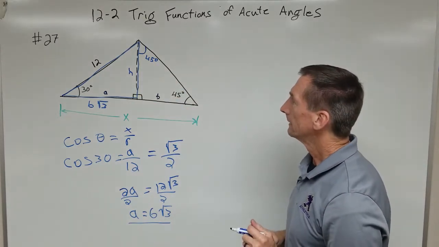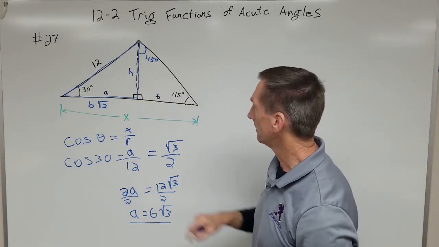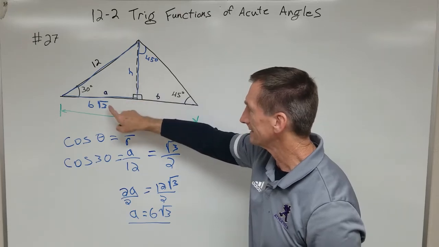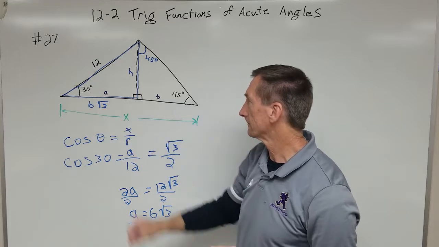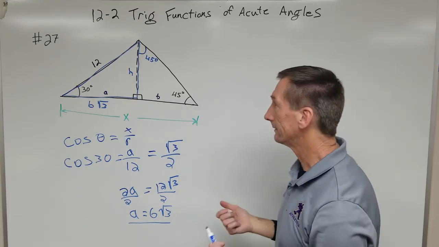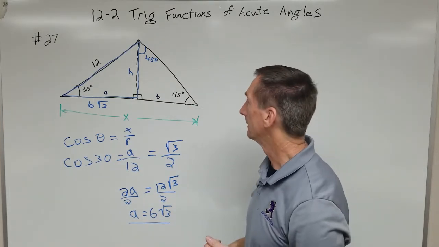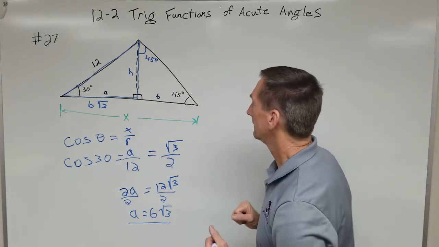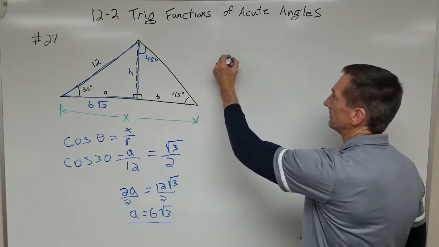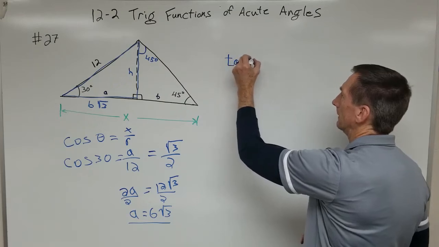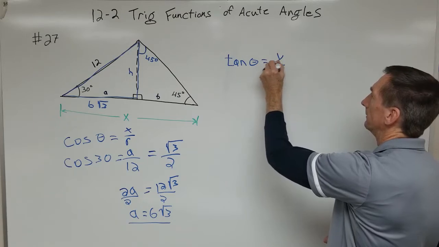Okay, so what function would I use to solve for h? Since I know the x length and I know the radius, I can use either tangent or sine. Either one will give me the information I'm looking for. Let's use tangent. So the tangent of theta is equal to y over x.